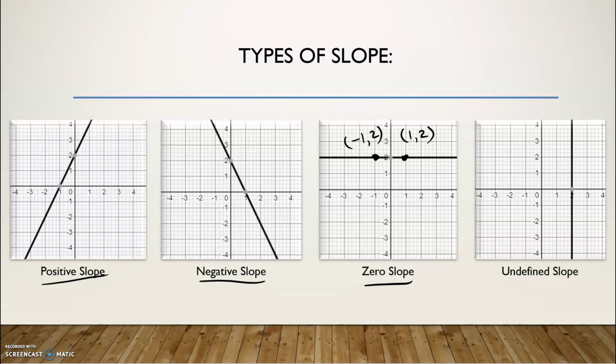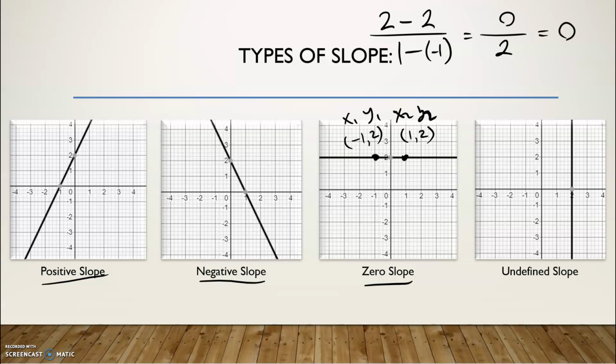Now if we use, say this is x sub 1, this is y sub 1, x sub 2, y sub 2. So y sub 2, 2, minus y sub 1, 2, over x sub 2, 1, minus a negative 1. So you have a 0 on top, 2 on the bottom. So this will be equal to 0. So your slope would be equal to 0.